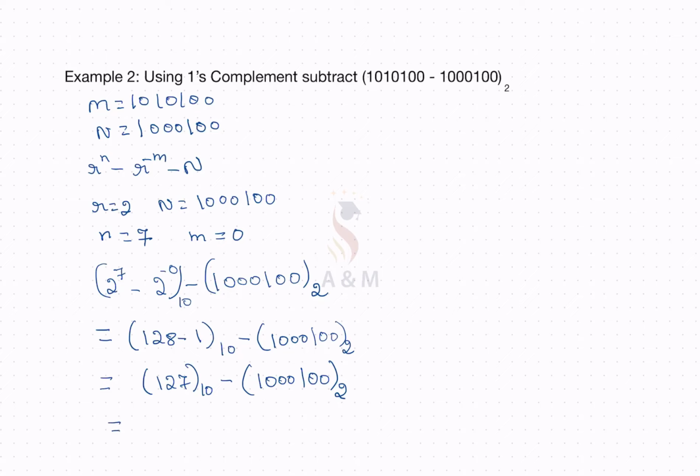We get 1111111 minus 1000100 to the base 2, which is equal to 0111011 to the base 2.